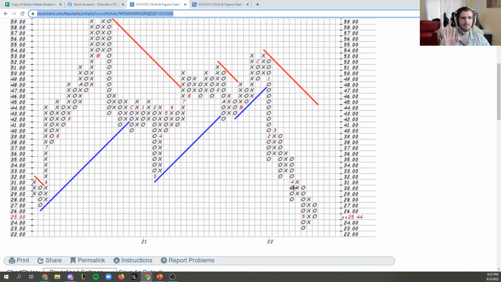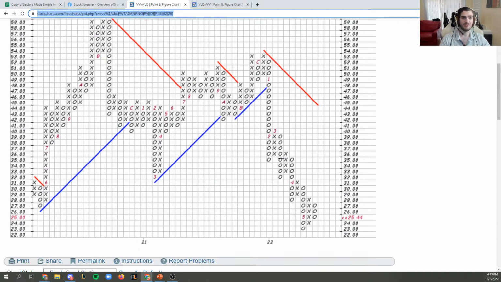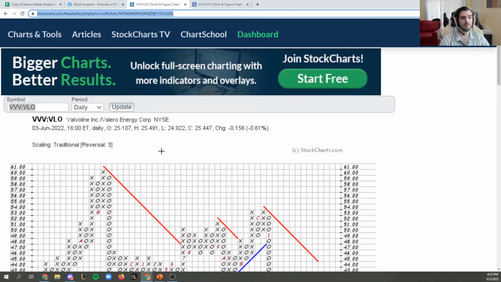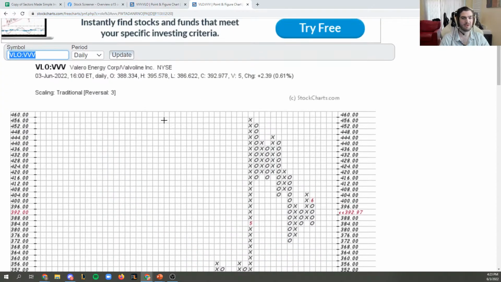So the short-term, they're still trying to figure out what they want to do. But long-term is decided. Long-term, we see that Valero is the stronger one, both when we're comparing Valvoline to Valero, as well as when we're comparing Valero to Valvoline.